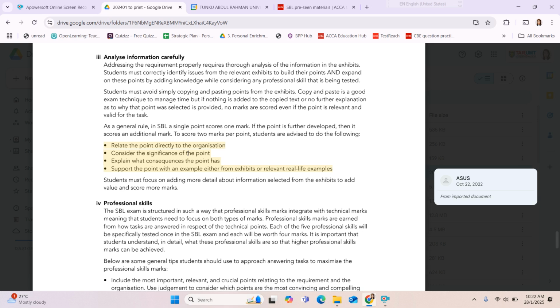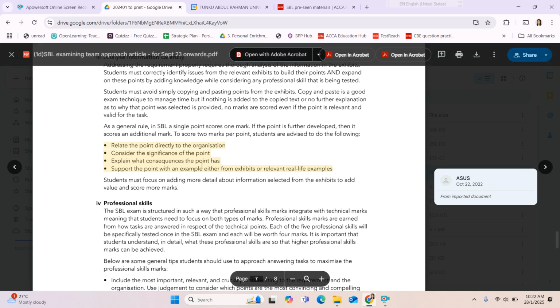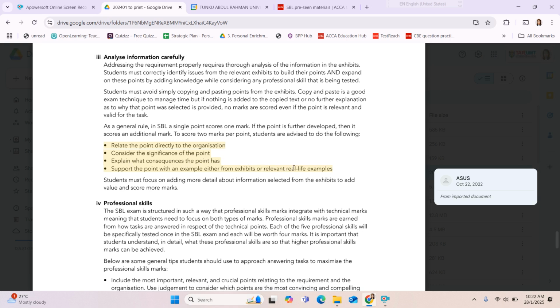Why is it important to consider what you have written, right? Explain what consequences the point has and support the point with an example, either from the exhibit or relevant real life examples. Examples sometimes will give better clarity. So if you can relate one example very well, then you can actually put it, right?